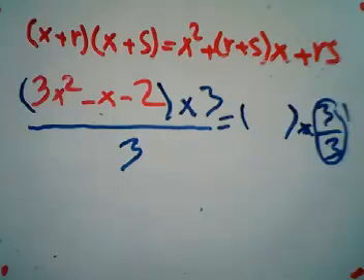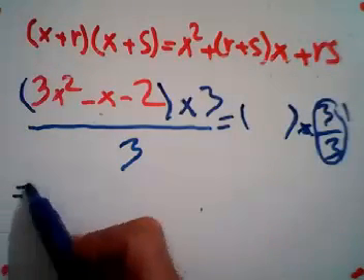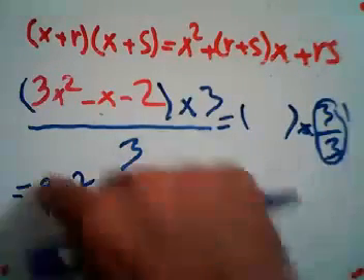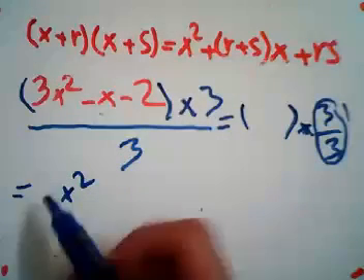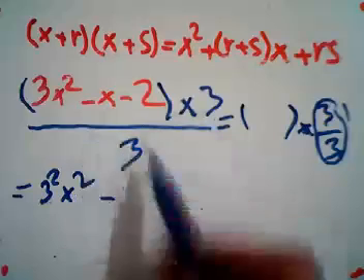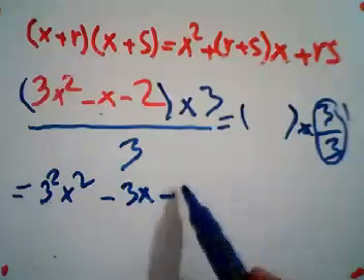Now the denominator here would be equal to 9x squared, or let's write it as 3 squared x squared minus 3 times x minus 3 times 2, which is 6.